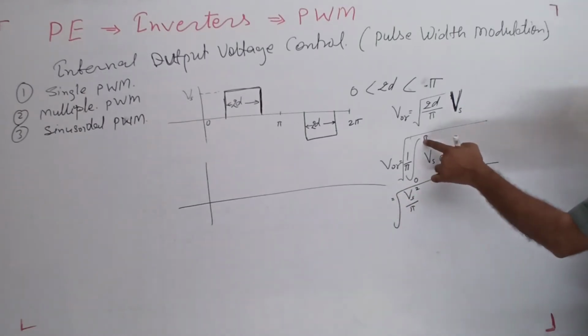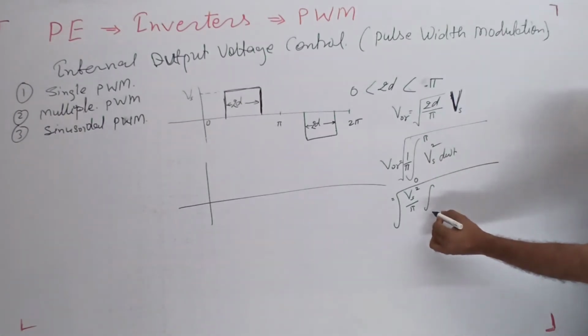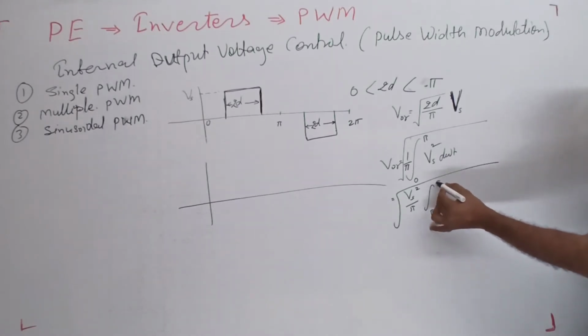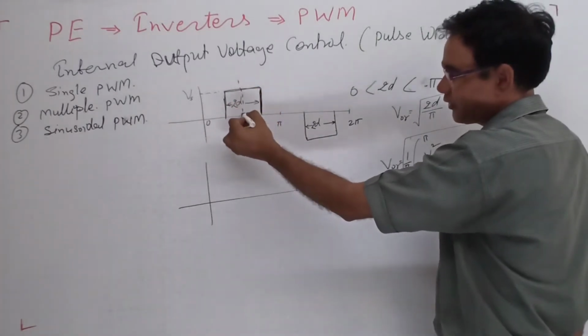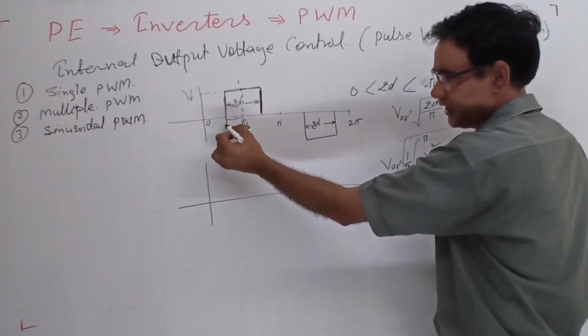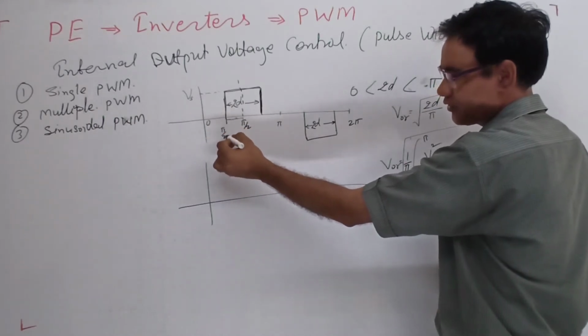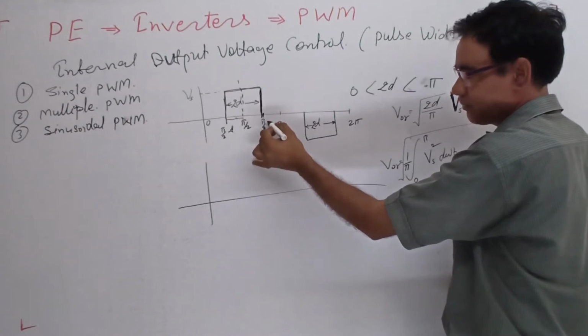And here in between 0 to pi, the interval is pi by 2 minus d to pi by 2 plus d. Here this is the midpoint, pi by 2. So this is pi by 2 minus d, and here this is pi by 2 plus d.